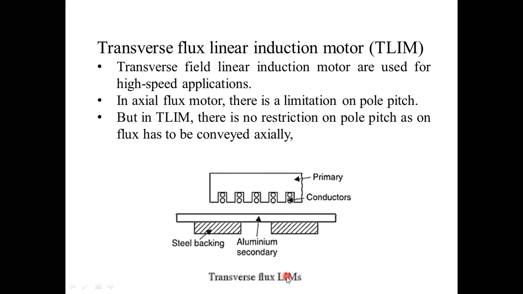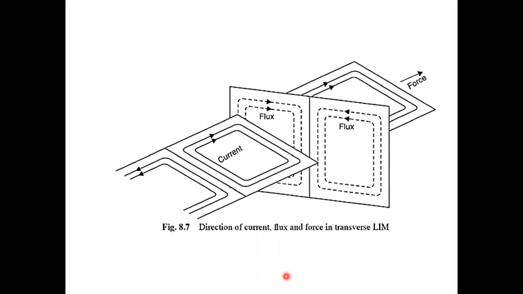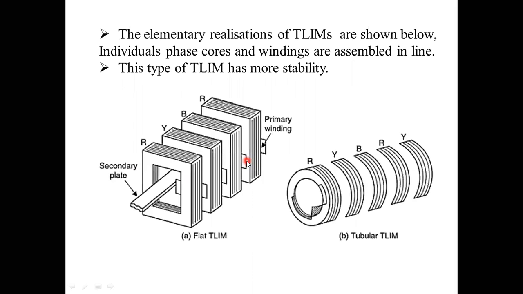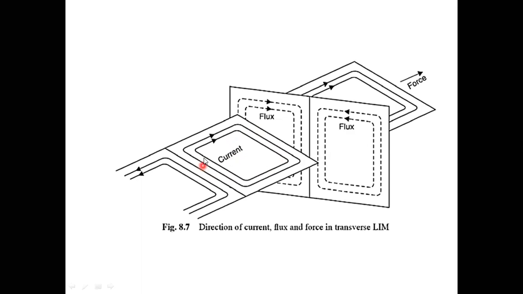Next, we will observe the direction of the current, the flux and the force that can be produced from the transverse linear induction motor. Here is the direction of current, flux and force in the transverse linear induction motor. The current moves like this within the conductor, and based upon the direction of the current in the conductors, the flux direction is also chosen.